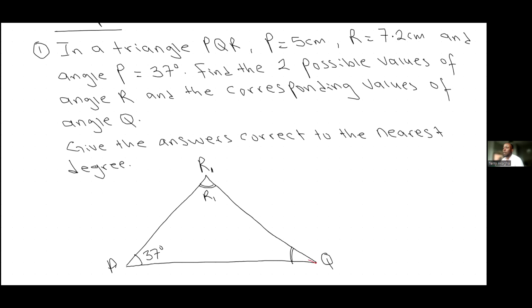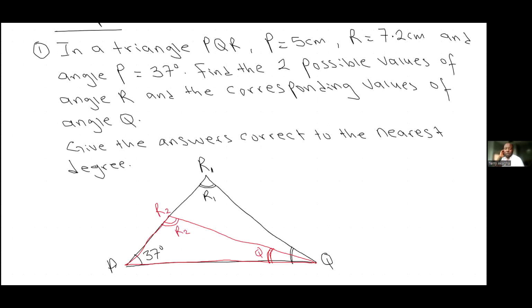It could be something exactly like this, but this time this is angle Q here, and this is angle R. Let's call this R2. Is this making sense?